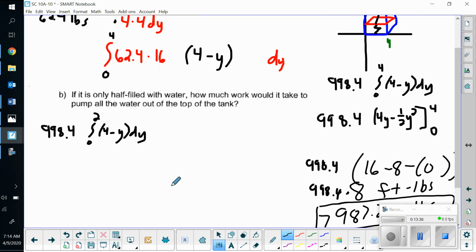Let's jump to this step, because it would be the same antiderivative. We'd have 998.4. When we sub the 2 in here, we would have 8 minus 2, and then minus 0 for the others. So that would give us 6. If we multiplied by 6, we'd get 5990.4. And that's foot-pounds.